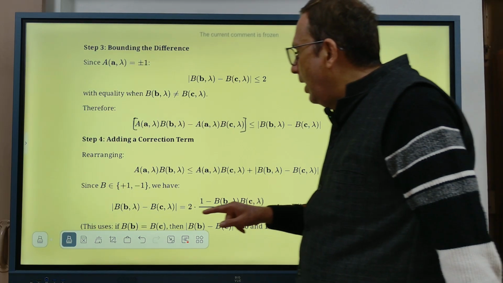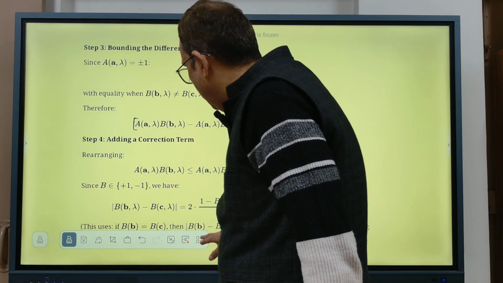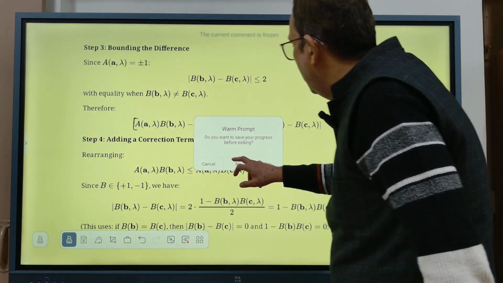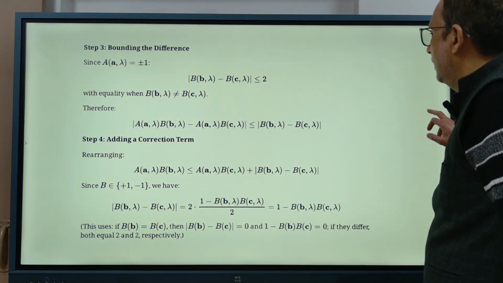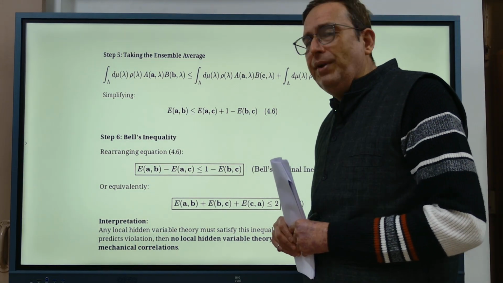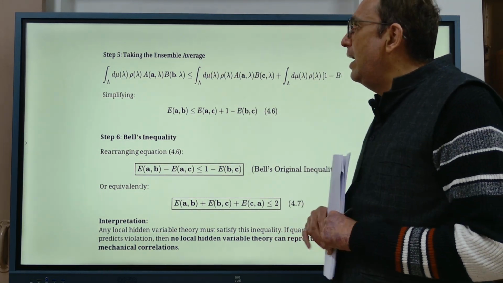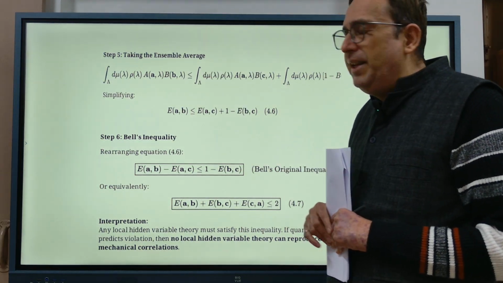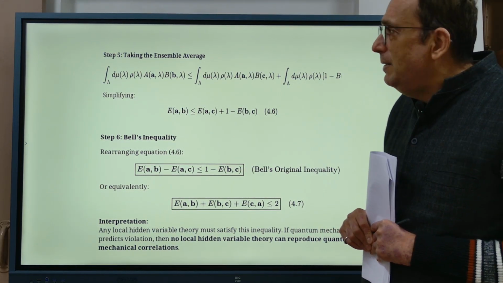So let us go ahead from here. Then, of course, what we can do after that is take the ensemble average. You just have to multiply it by the probability density and take the integral over all values of lambda.